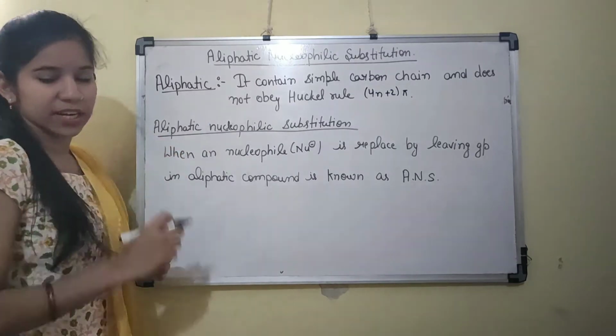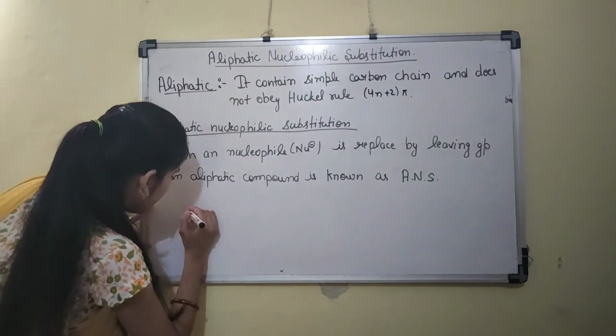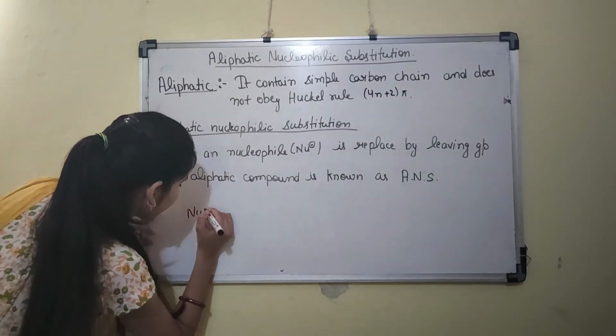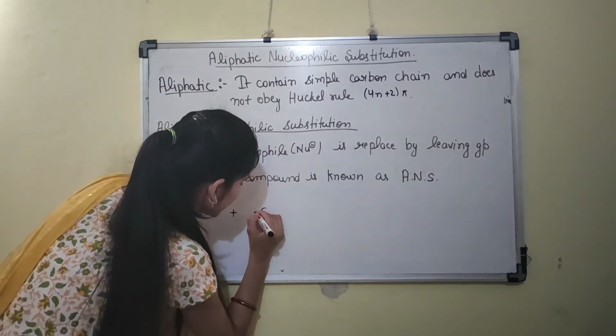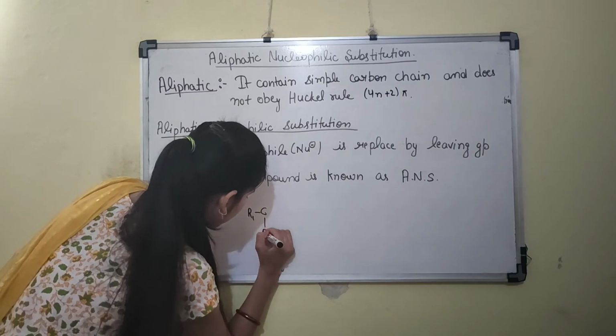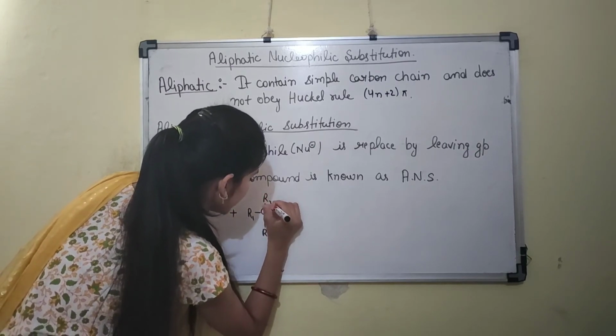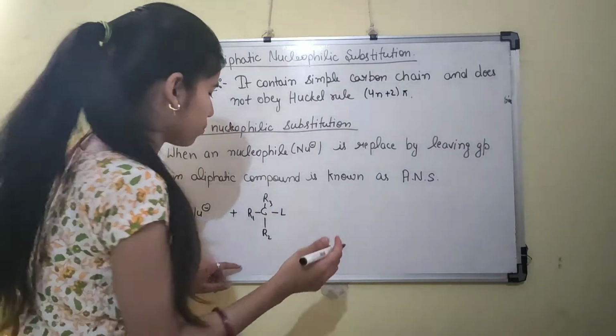And in general, this is a nucleophile and this is our substrate C, R1, R2, R3, and L is a leaving group.